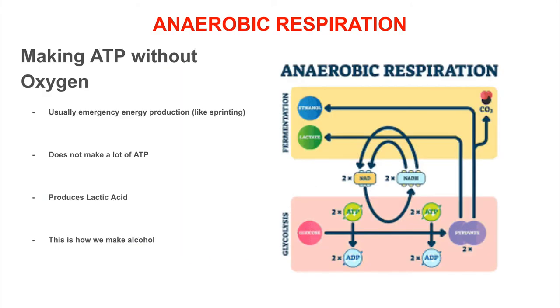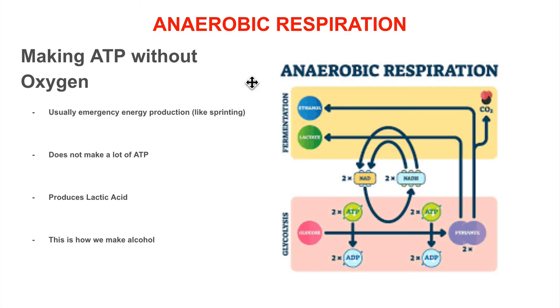Anaerobic respiration is when I make ATP without oxygen. Normally this happens if you're sprinting, your heart rate's real high, and your muscles need a lot of energy. That's why you're breathing really fast to get all that oxygen, but maybe you're not getting enough oxygen. So your muscles will do this anaerobic respiration to help create some emergency ATP.